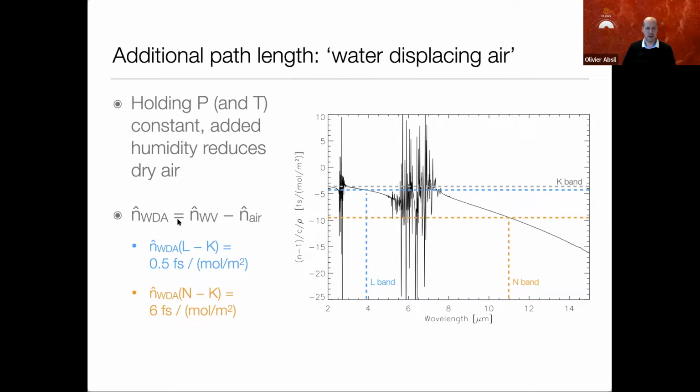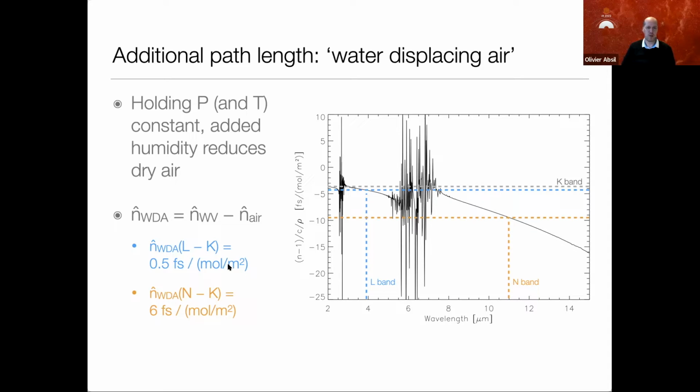So if we take the difference between the normalized refractive indices of water vapor and dry air, we get something like this, where the chromaticity in the infrared is mostly due to the water vapor. And what you see is that compared to the K-band, which is shown here with the gray line, the refractive index is different at L-band and even more at N-band.